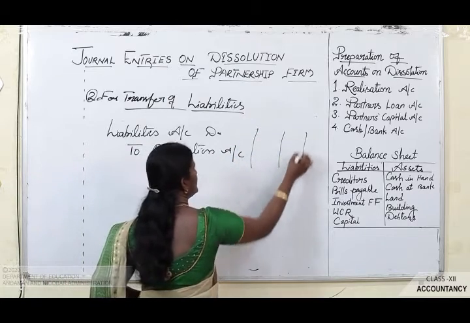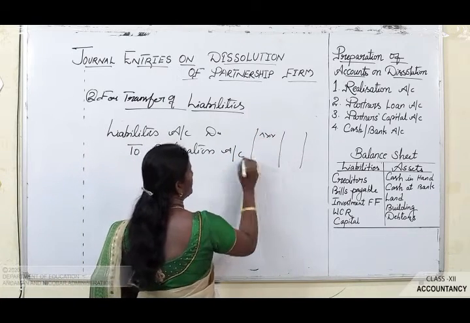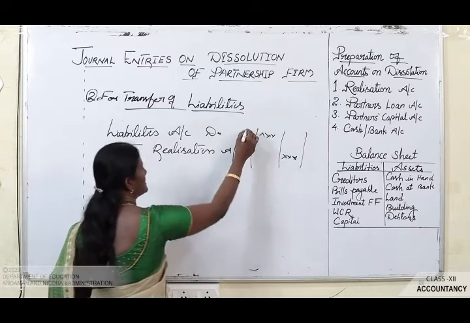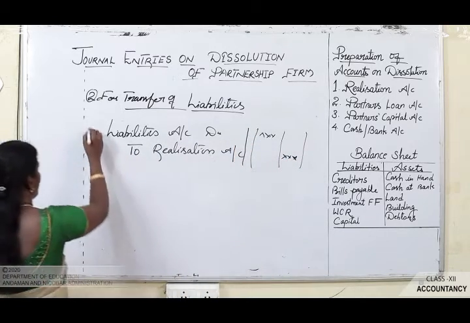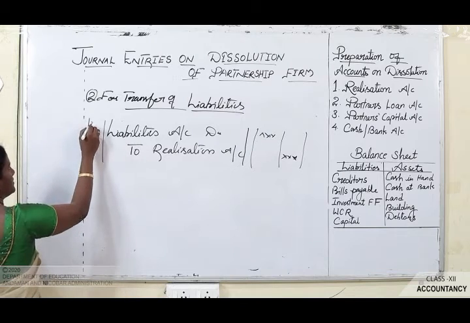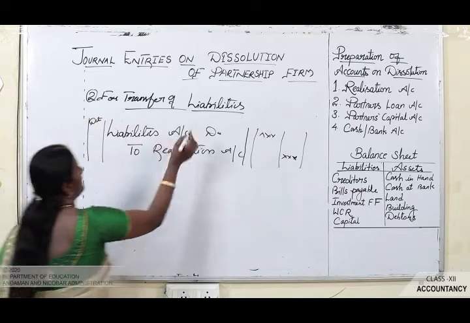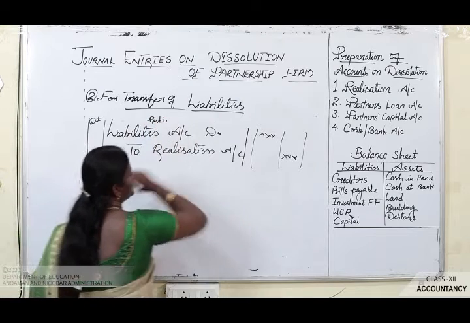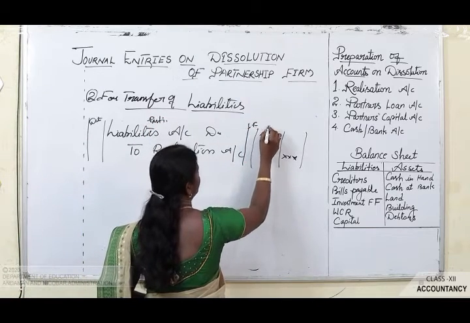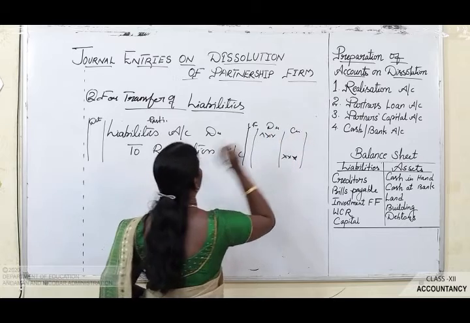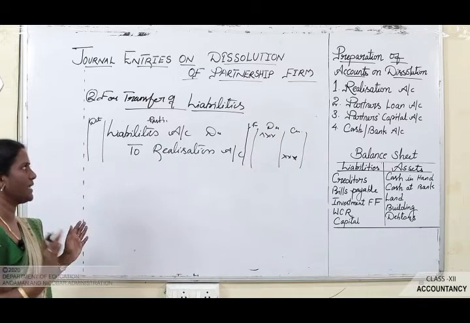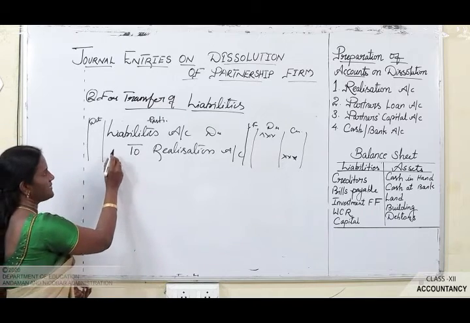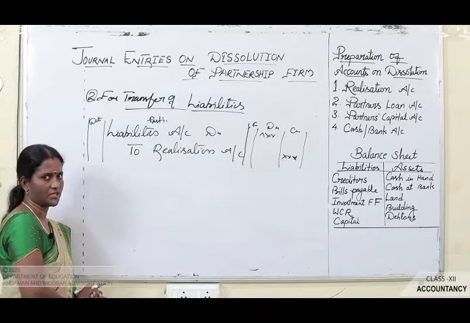So the format is, here amount will be debited, here amount will be credited. If you are doing it in exam, you have to follow the proper format, like you have to write the date here, then particulars, LF, debit amount, credit amount, like that you have to give a complete journal entry format. Okay. So the journal entry is liabilities account debit to realization account.